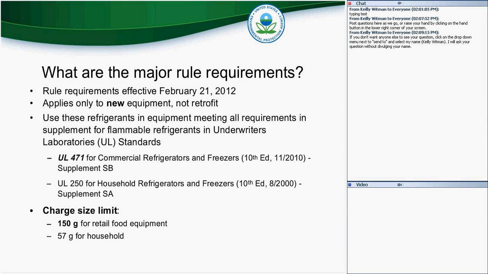And I would say it's each refrigerant loop that has to be no more than 150 grams. So the kind of system that the person was suggesting would indeed comply if you had 3 different refrigerant loops for 3 coolers. That's all fine.